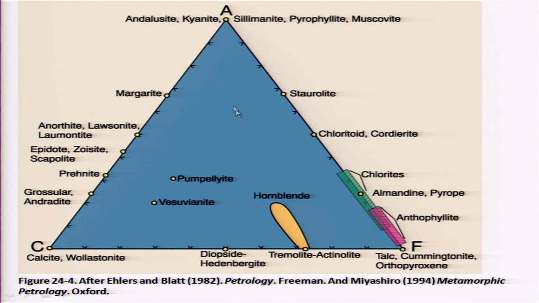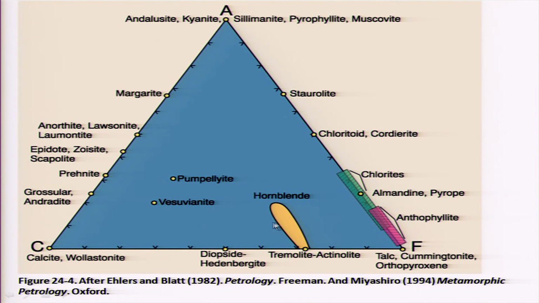We will see now how and where these various minerals are plotted in this diagram. So, this is an ACF diagram where many minerals are plotted. We will actually see the plot of one or two minerals shortly. Now, you see that on the AC line, for example, midway, anorthite, lawsonite and laumontite, three minerals, are plotted in this diagram.